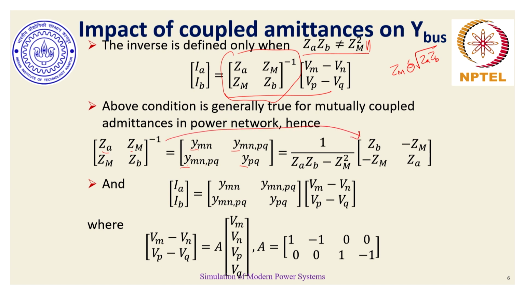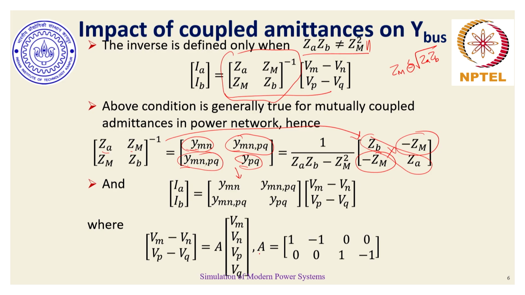Numerically, you can always find this factor, and what you would see here is that the off diagonal terms are the same, and that is where this Y notation is different. The diagonal terms are different, and hence we have YMN and YPQ as their notations here. So, we can write IA, IB in terms of Y elements and Vm minus Vn, Vp minus Vq.